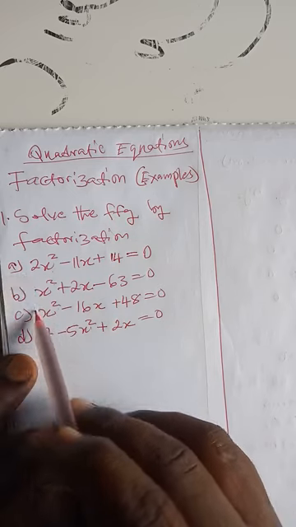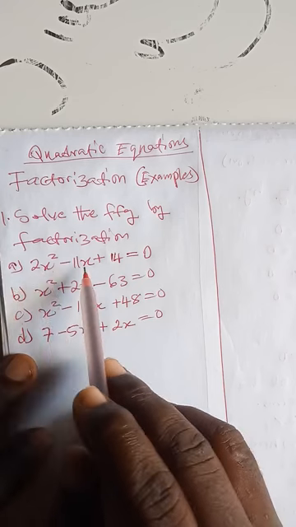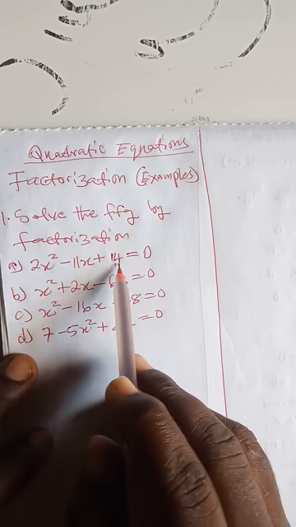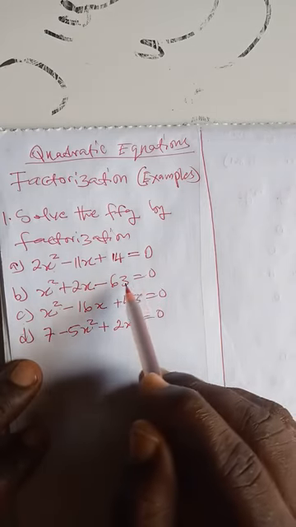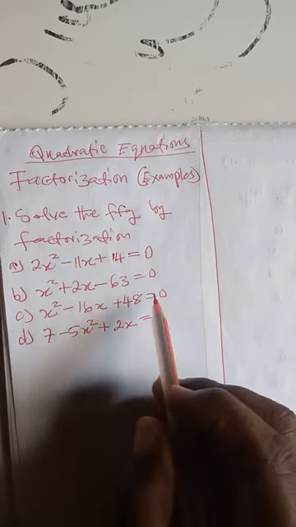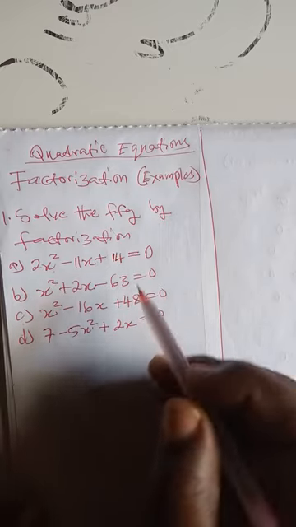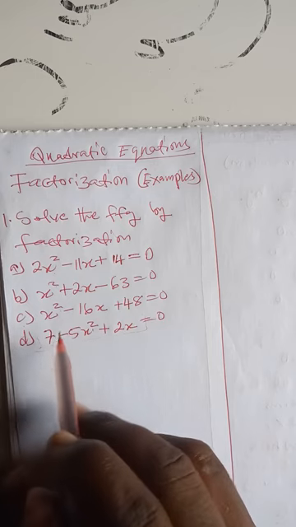That means these three are in standard form because the first term is power 2, the second term power 1, and the third term power 0. It is a constant term because there is no x there. Power 0 means x becomes 1. So this one is not in standard form, and you have to rearrange it.